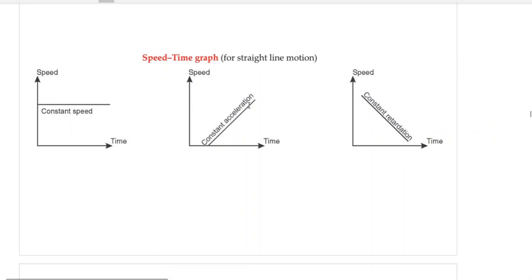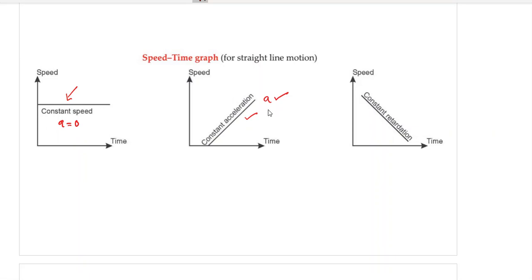Then we saw the speed time graph. When the speed time graph is a straight line parallel to the time axis, that means constant speed. Constant speed means acceleration is how much? 0. Where this one, the acceleration is present, right?